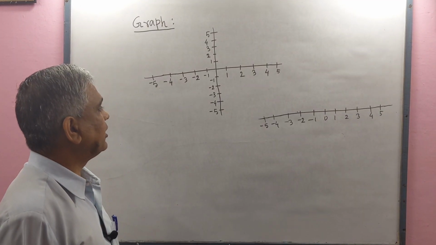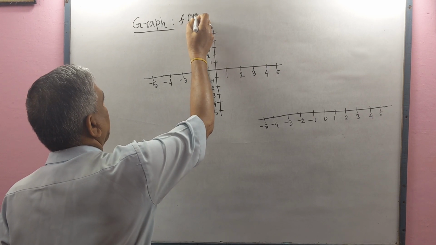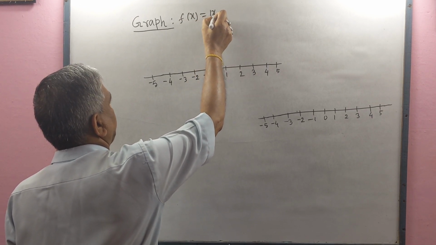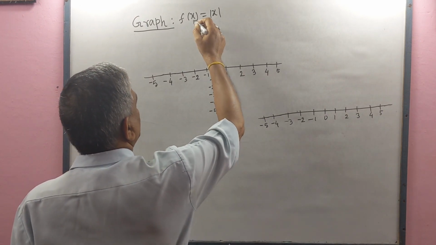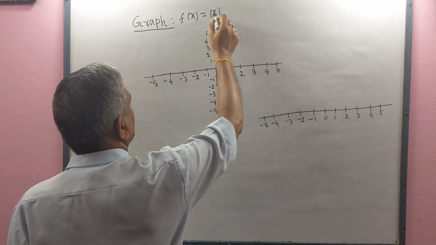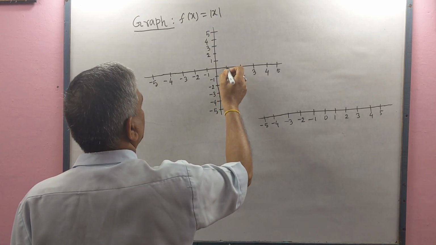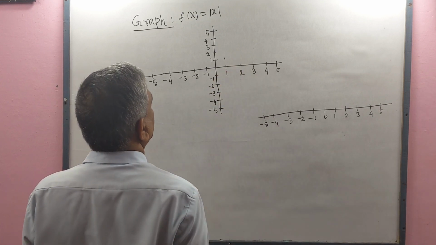Now we shall draw the graph for the modulus function f(x) equal to modulus of x. If we put x equal to 1, modulus of 1 is 1.